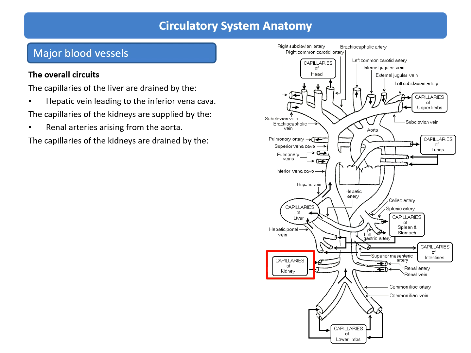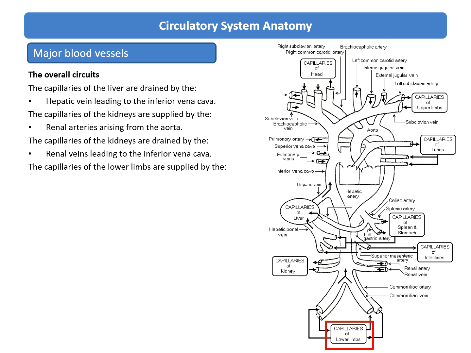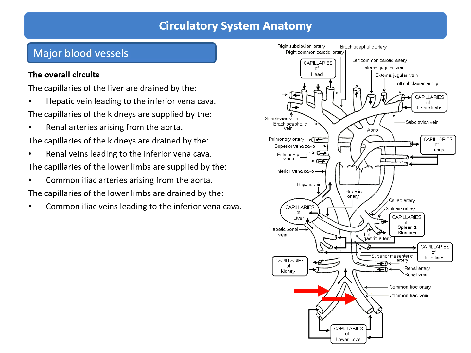And the capillaries of the kidneys are drained by the renal veins. They lead to the inferior vena cava. The capillaries of the lower limbs are supplied by the common iliac arteries and drained by the common iliac veins, which again lead to the inferior vena cava.